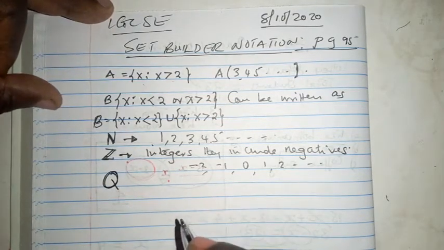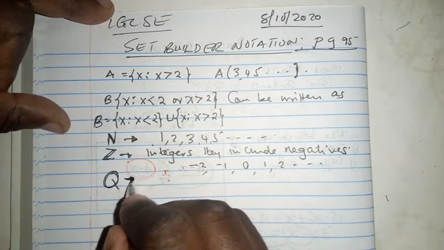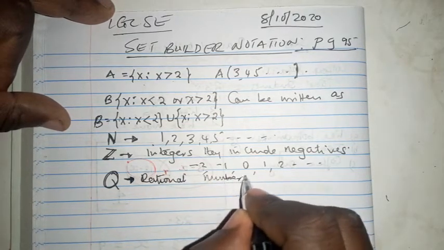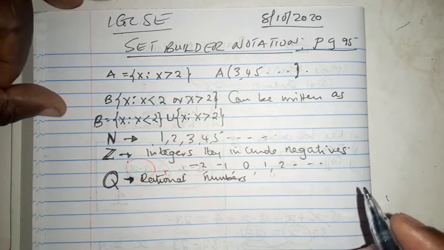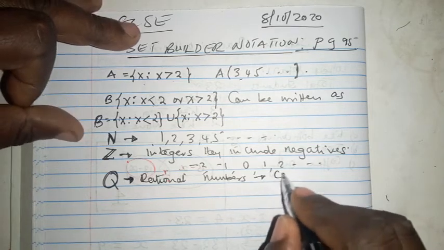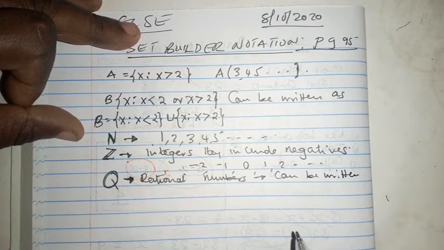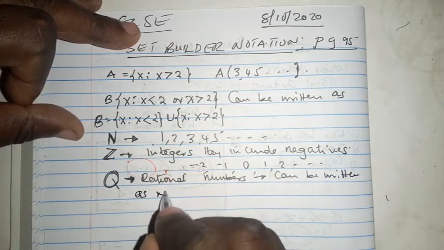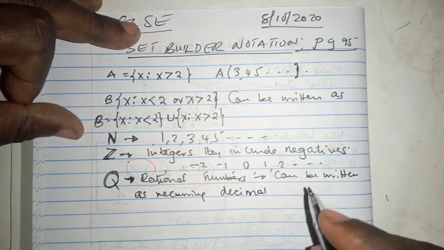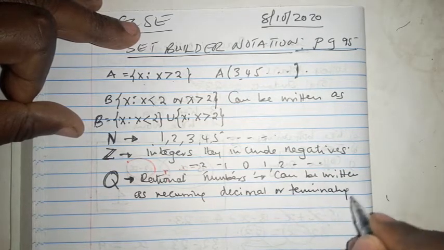We have one denoted by Q, which is the set of rational numbers. What are rational numbers? Rational numbers are numbers that can be written as recurring decimals or terminating decimals.